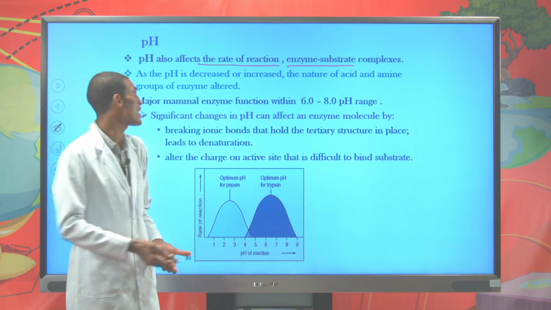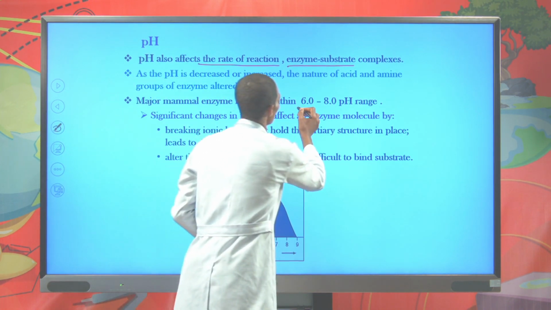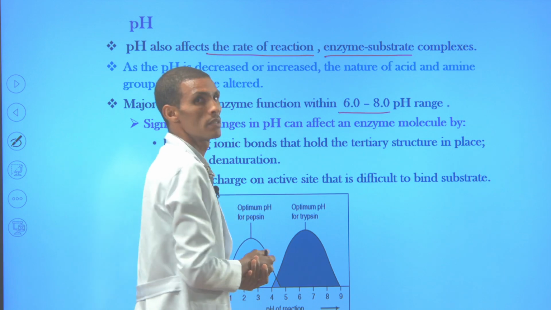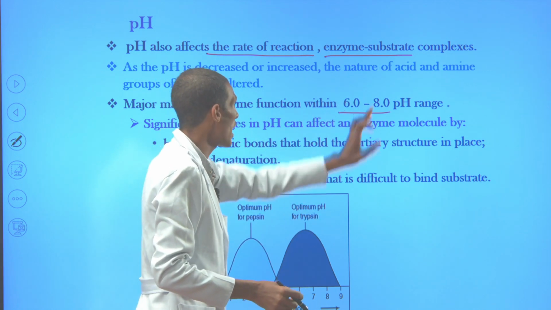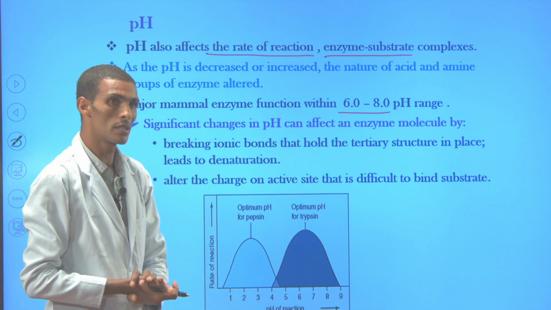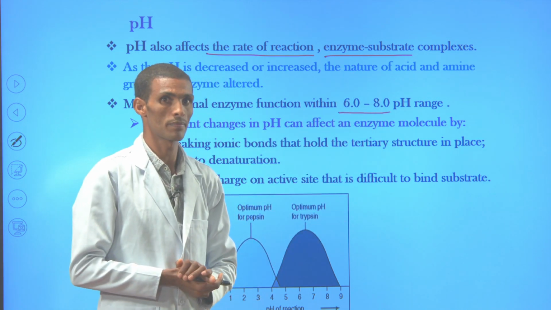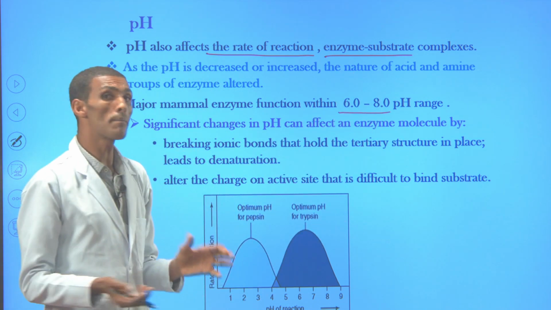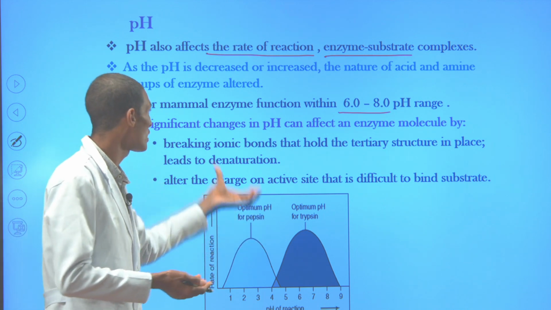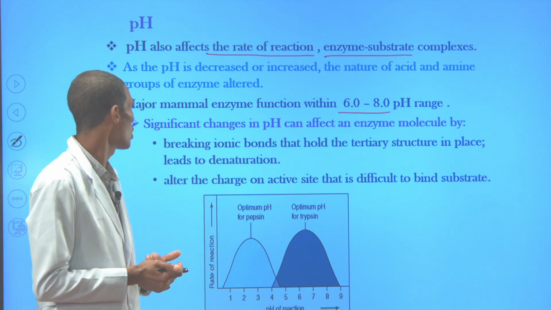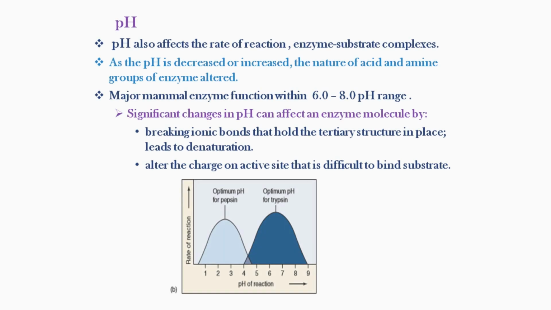Most mammalian enzymes work at neutral pH, which ranges between 6 and 8. Their body enzymes work properly at this neutral pH. pH may affect the rate of the reaction in two main ways. One, by breaking the ionic bond that holds the tertiary structure together.